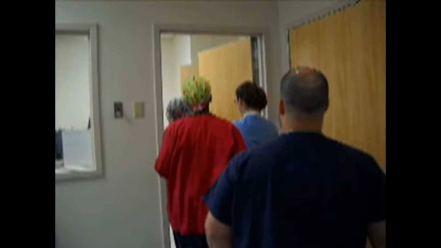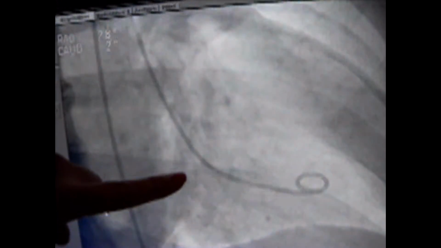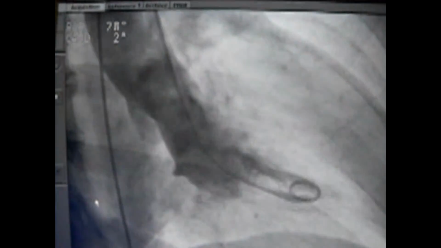So here, this is actually the ventricle, and the contrast is what is pumping into the ventricle, acting as the blood flow.